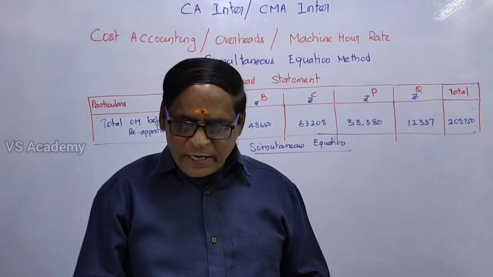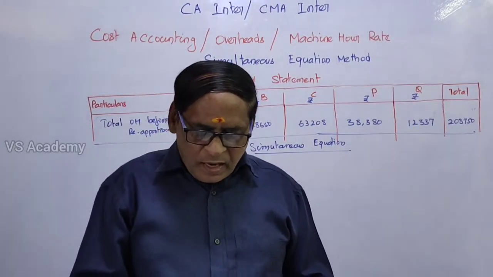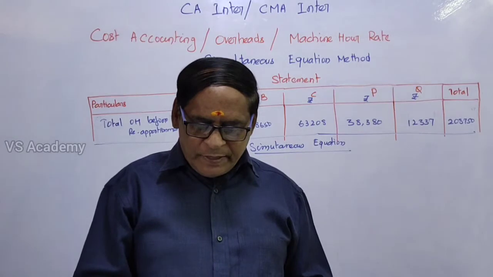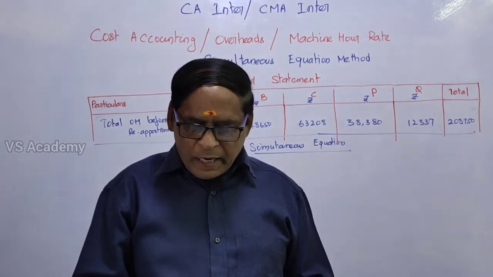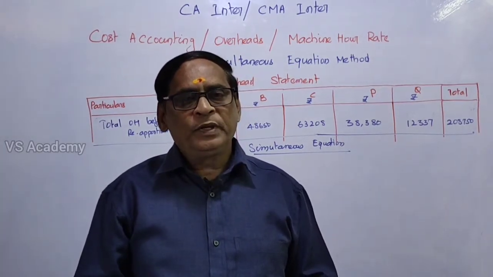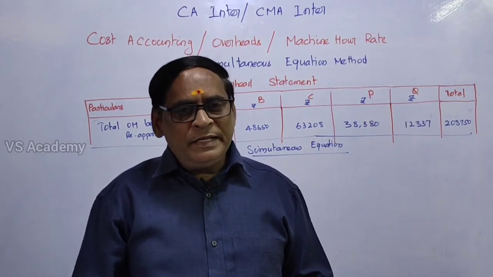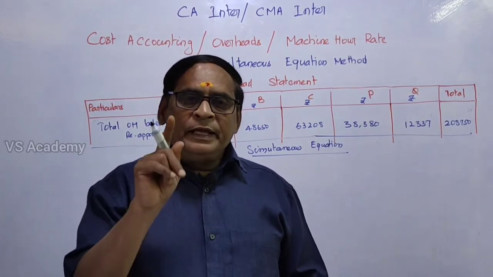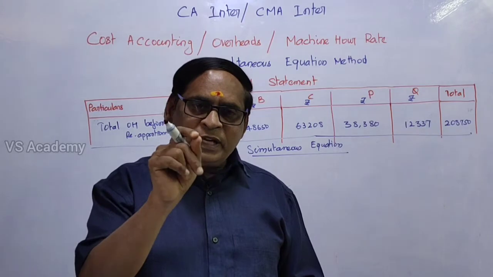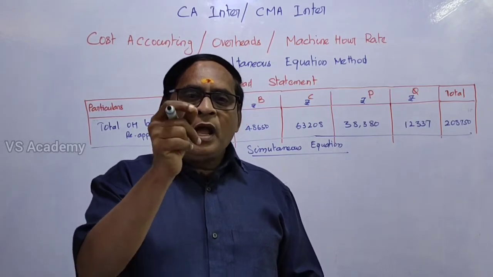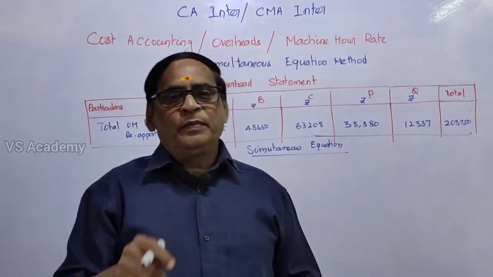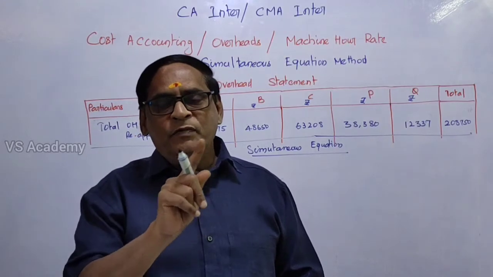Let's look into the question once again. Expenses of the service departments S1, S2 are reapportioned as below. Under the simultaneous method, the expenses and the cost of one service department are to be apportioned to another service department. Under the step method, it was not so.